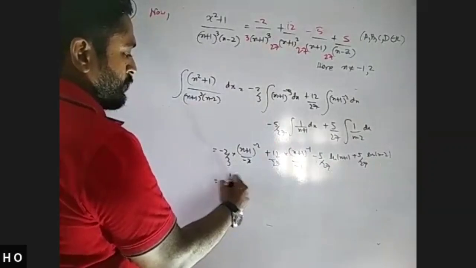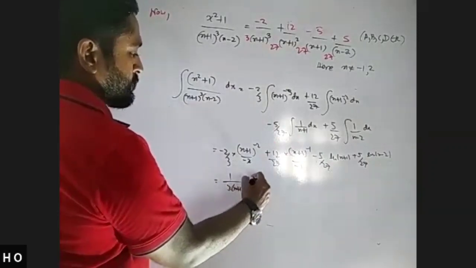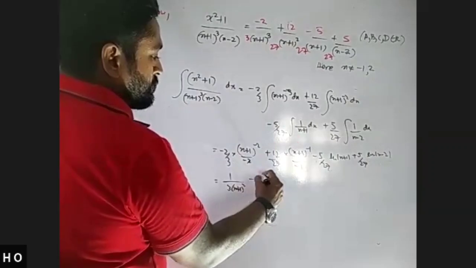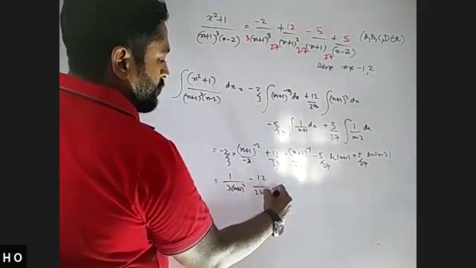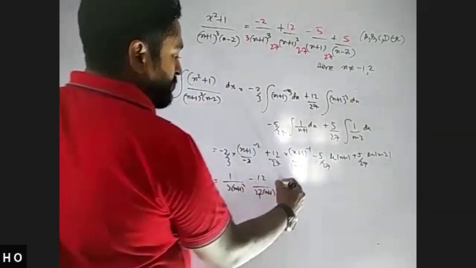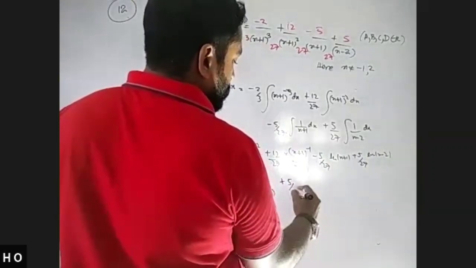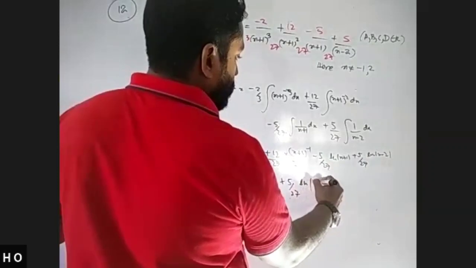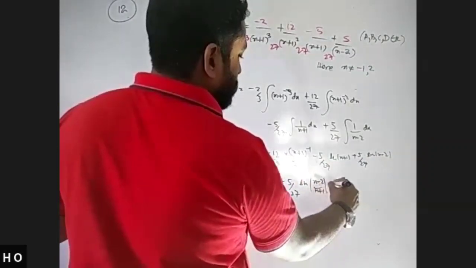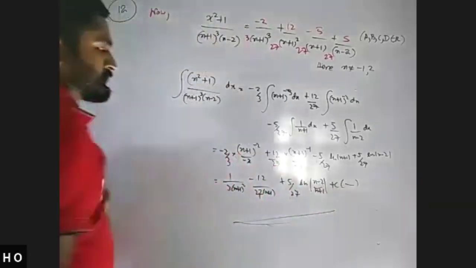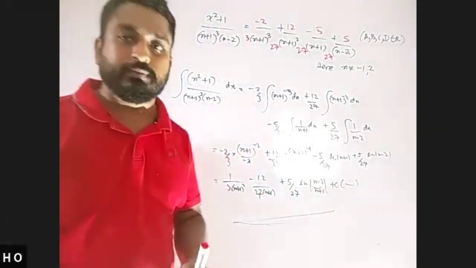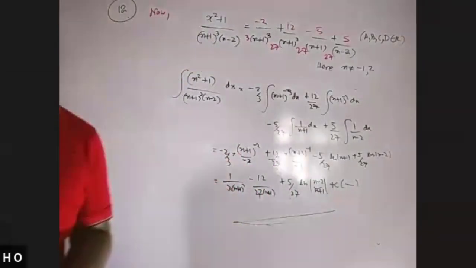So 1 over 3 into x plus 1 squared, minus 12 over 27 into x plus 1, plus 5 over 27 ln of x minus 2 over x plus 1, plus c, the arbitrary constant. That is going to be the final answer of the integral.